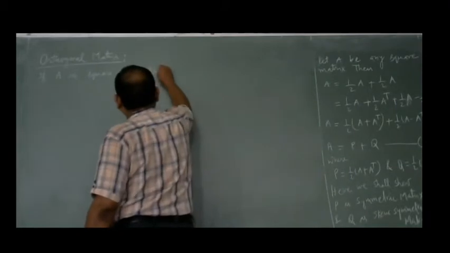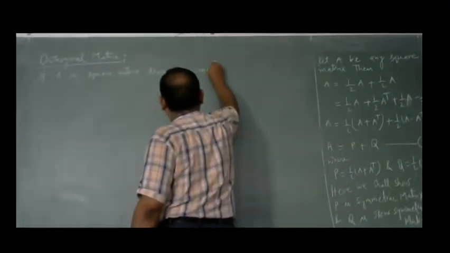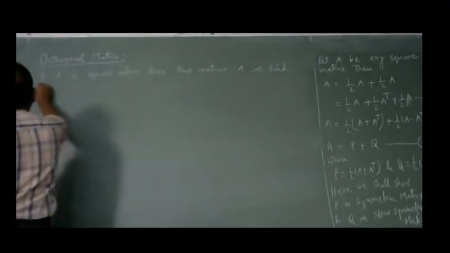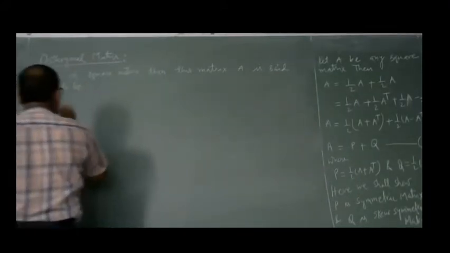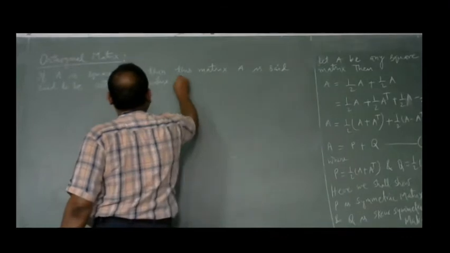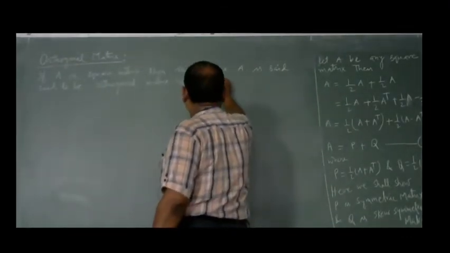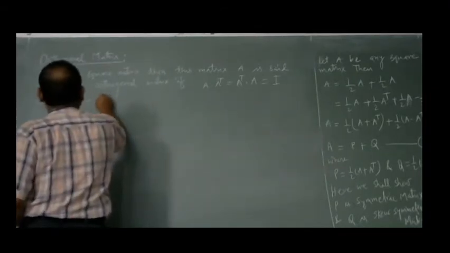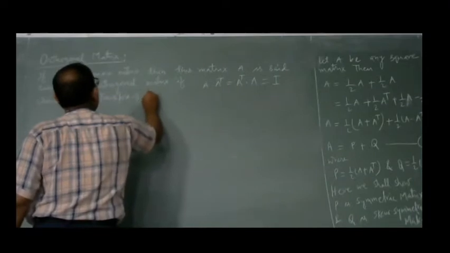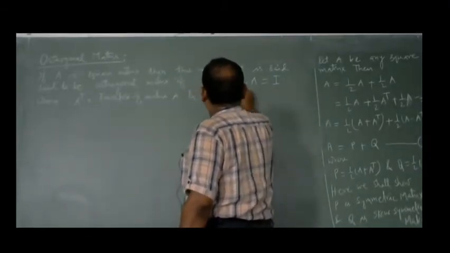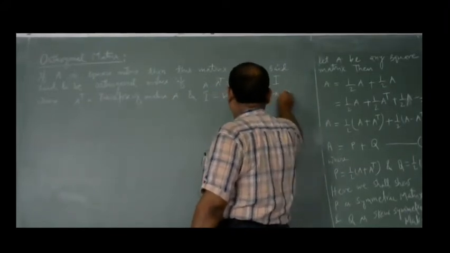Suppose A is a square matrix. Then this matrix A is said to be an orthogonal matrix if A into A transpose, or A transpose into A, is equal to the identity matrix, where A transpose means the transpose of matrix A and I is the identity matrix.